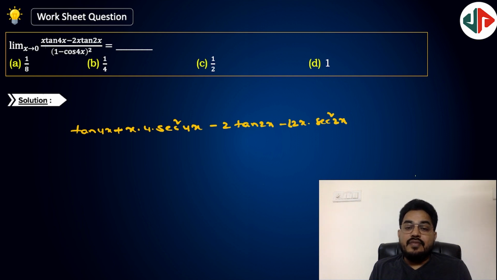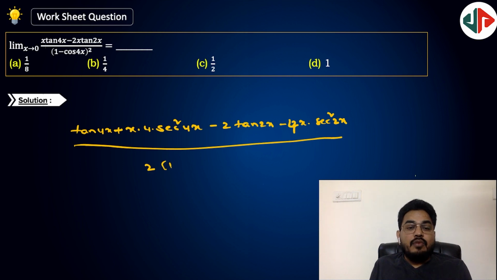Derivative of 2x is 2, so multiplied by 2, by 2 times of 1 minus cos 4x into derivative of minus cos 4x, which is 4 sin 4x.